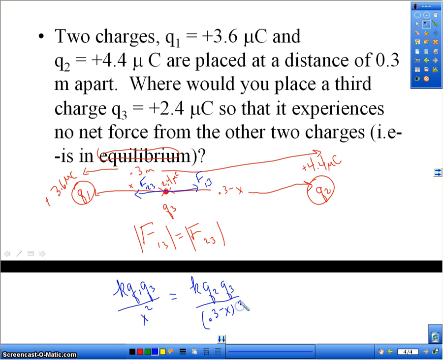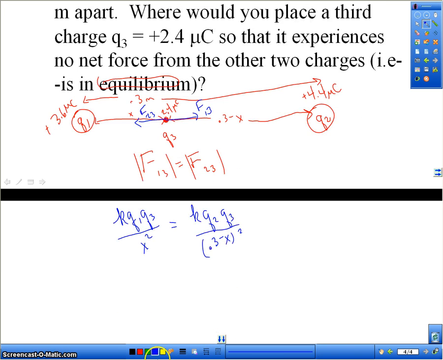So K, Q1, Q3, those are the two charges interacting between Q1 and 3, and then 2 and 3. Now I can do a little canceling so that we simplify this a little bit. The K's go away. There's one on each side. There's also a Q3 on each side. So we'll get rid of those.